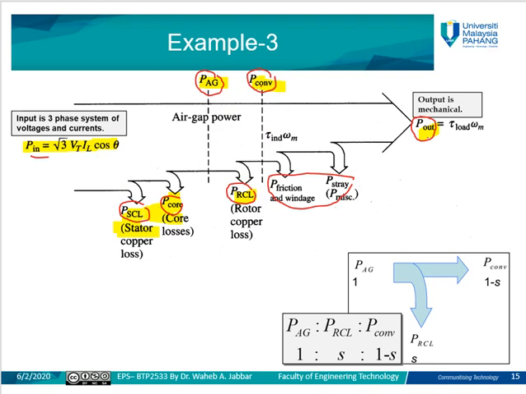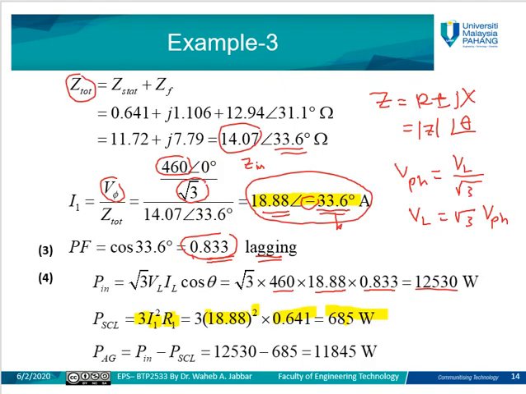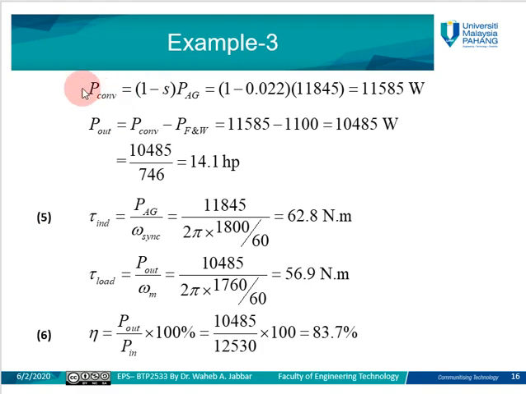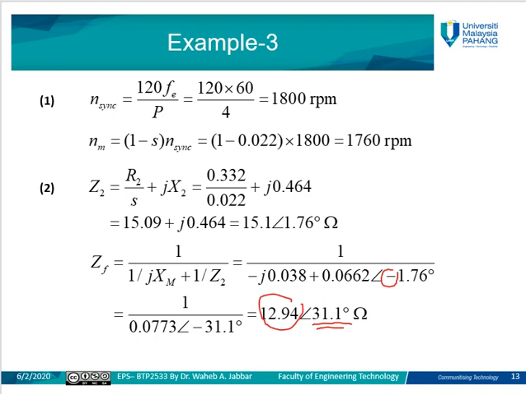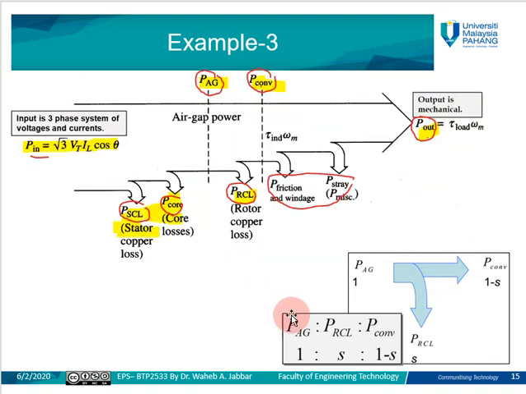So as you can see here, for P converted you have two options. You can calculate the copper loss by finding the I2 current, but since we do not have the value of the rotor current here, we just apply this formula.